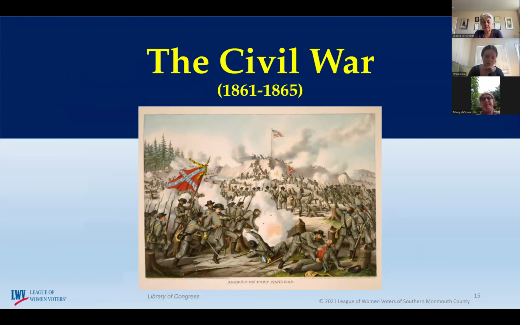The right to vote was not mentioned in the Constitution, remember. It wasn't until the end of the Civil War that the Constitution itself was amended to set the first nationwide rules about suffrage. And here's what happened. About the same time that the states were eliminating property ownership as a voting requirement, the country was facing the biggest challenge of our history, one that would have a profound effect on suffrage.